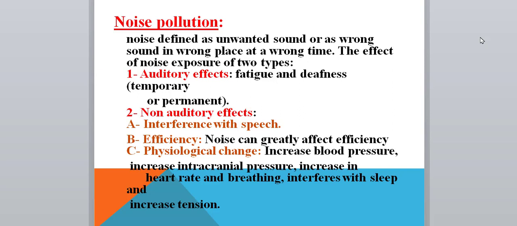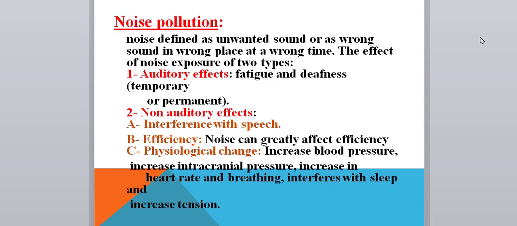B, efficiency. Any individual exposed to continuous noise cannot do his work and cannot have a quiet life, which can greatly affect efficiency.